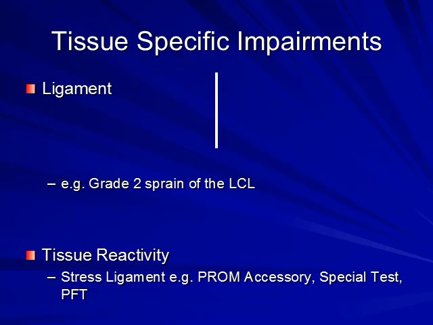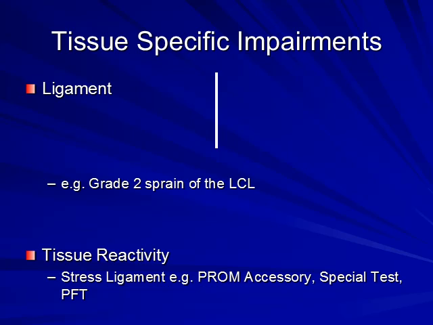Now, when we do this, we're performing really a special test. Passive range of motion accessory would not be the primary choice. It would be the special test of a valgus stress test. That would be my first choice. My second choice would be palpation for tenderness. And my third choice would be passive range of motion accessory, right?